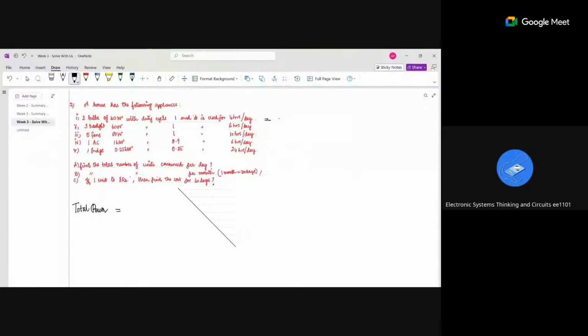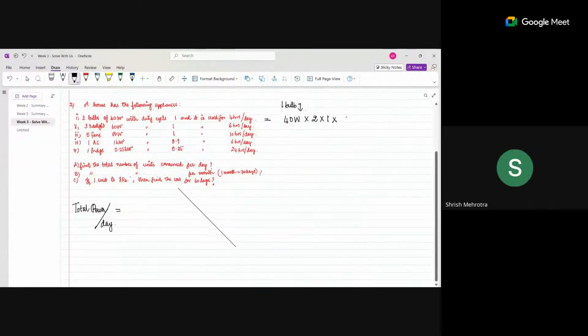To find out the power consumed by the bulb, for one bulb it is 40 watts. Then we have to multiply it with 2 and then the duty cycle. Here I am going for total power per day, so I will also multiply with the hours it has been used per day.